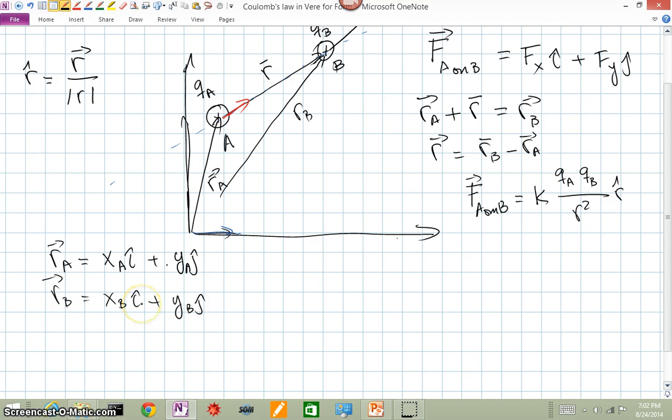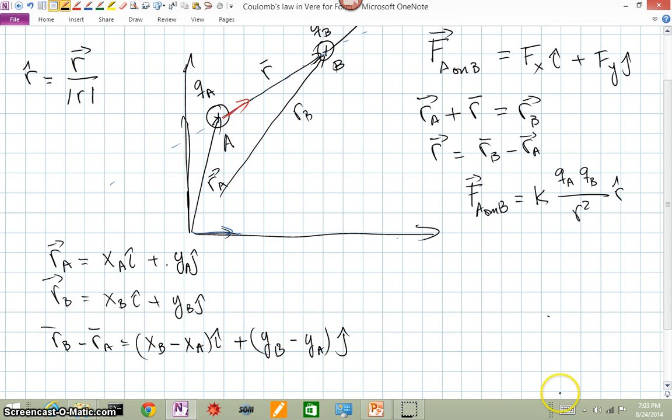So what is then RB minus RA? Well, this is XB minus XA in the i direction plus YB minus YA in the j direction. And I can do a little more here.